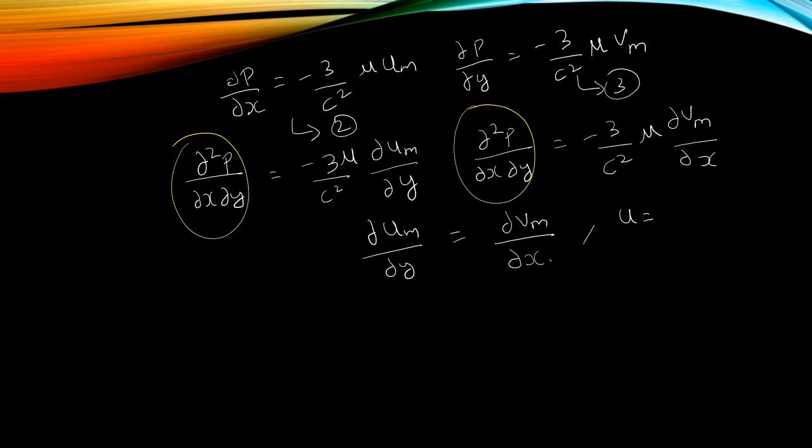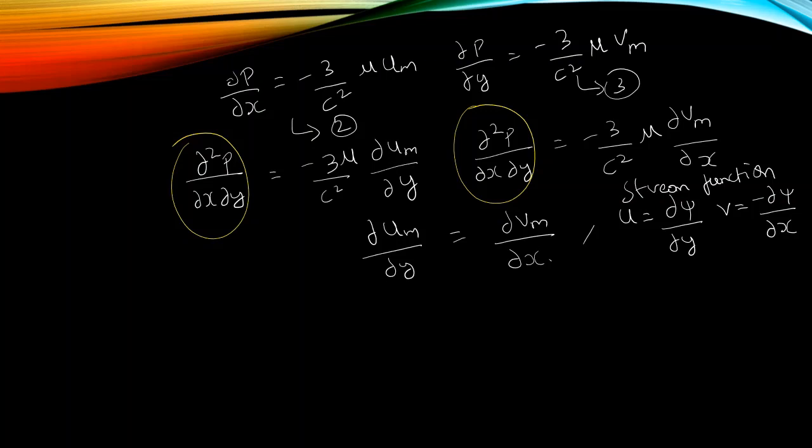So what is the stream function for u? So u is dou psi by dou y, and then v is minus dou psi by dou x. So this is the stream function equation, right?